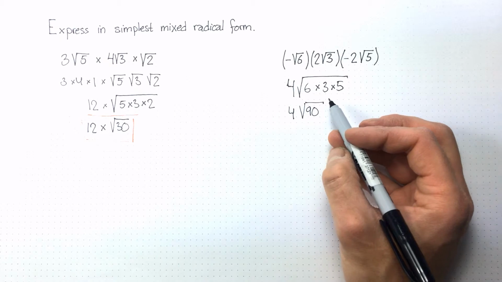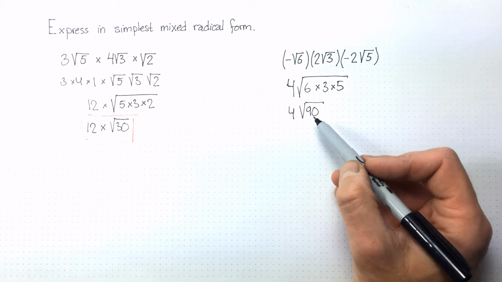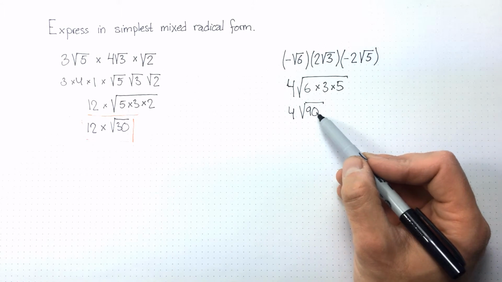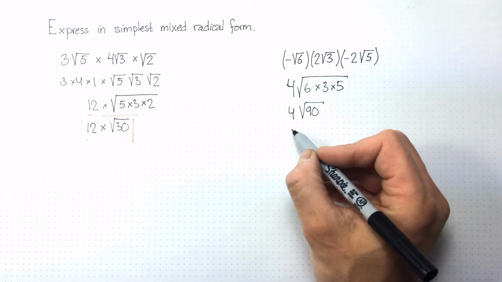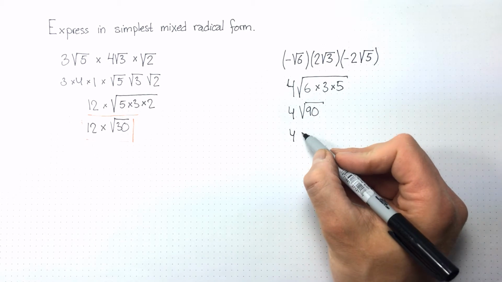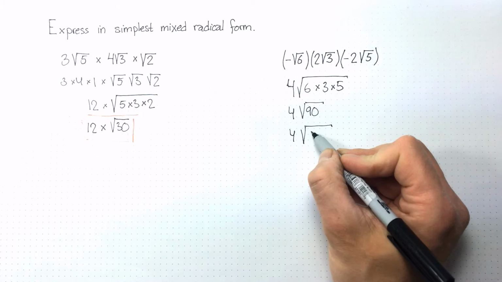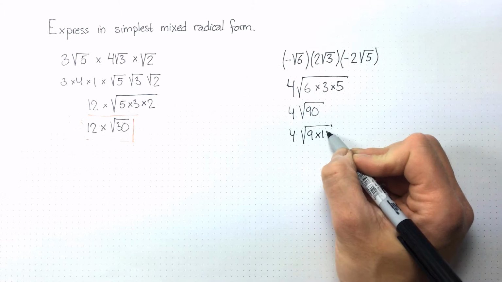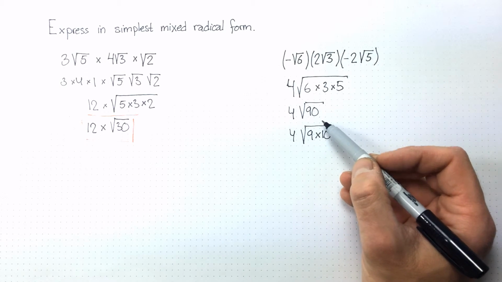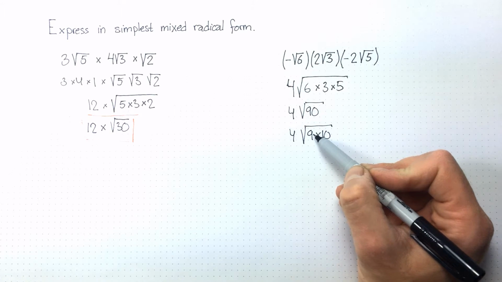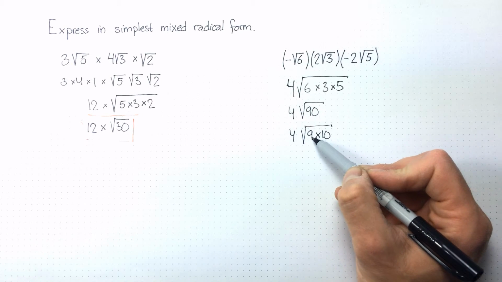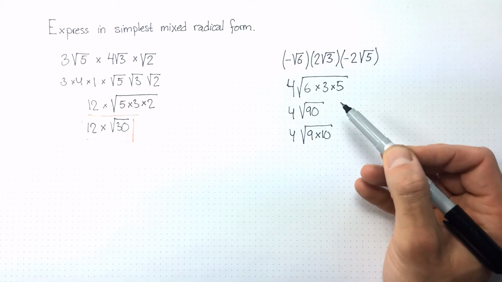Now, we are able to simplify this because we can factor out a perfect square from 90. We can factor 90 into 9 times 10. And in this particular case, 9 is the largest possible perfect square that we can factor from 90.